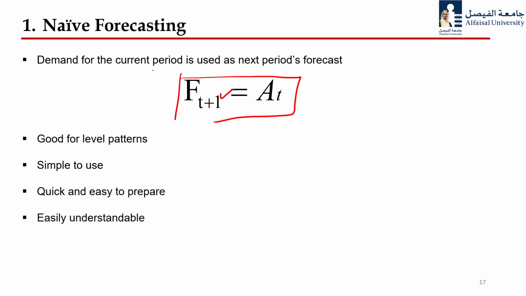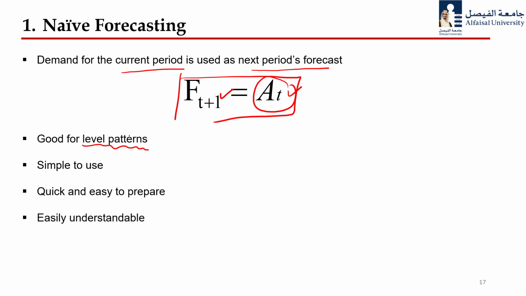The naive forecasting method says that the next time period forecast is equal to the current period value, which means the forecast for t+1 is equal to the actual demand of the t-th period. This forecasting method is good when we only have a level pattern.